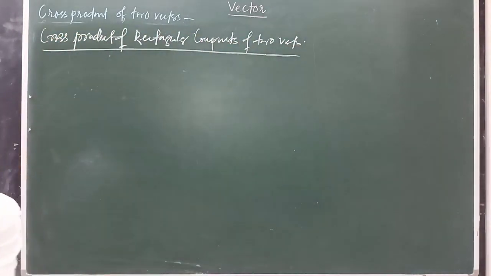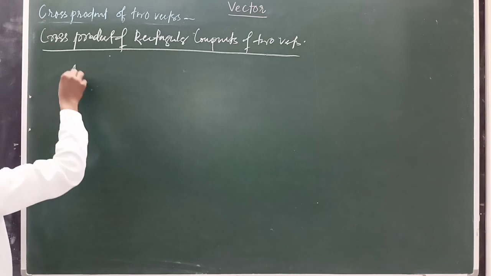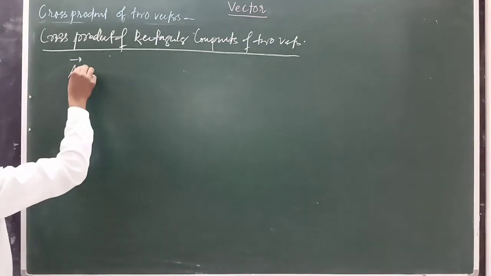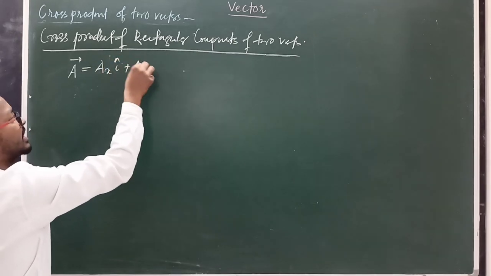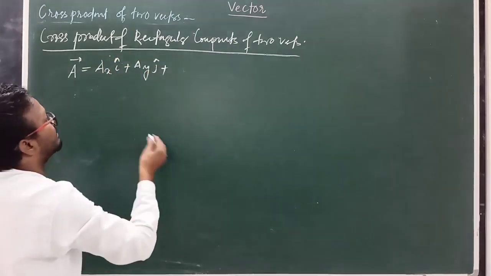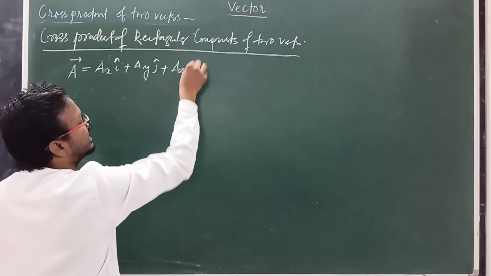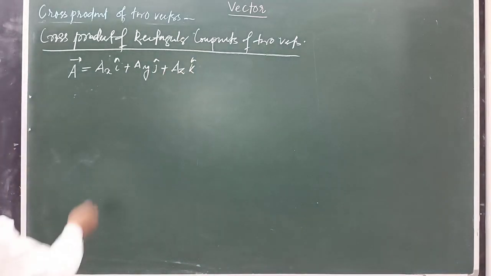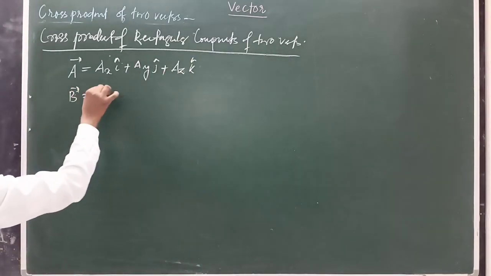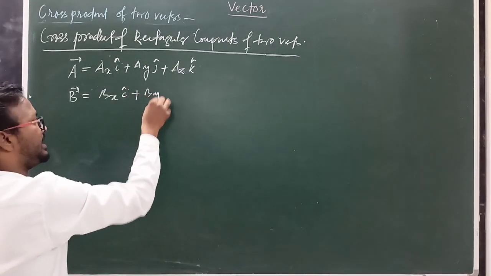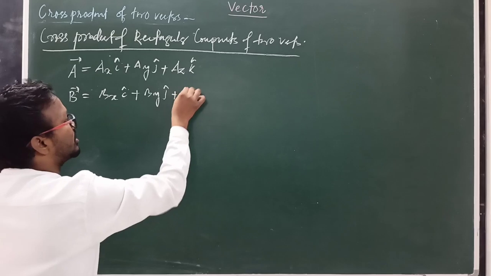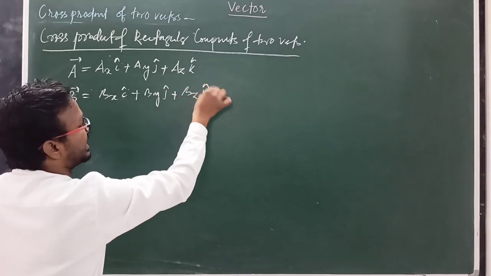Clear? In the three-dimensional case, we can write a vector in rectangular form, that is A vector equals Ax i cap plus Ay j cap plus Az k cap. Similarly, you can take another vector, suppose B vector, that is Bx i cap plus By j cap plus Bz k cap.